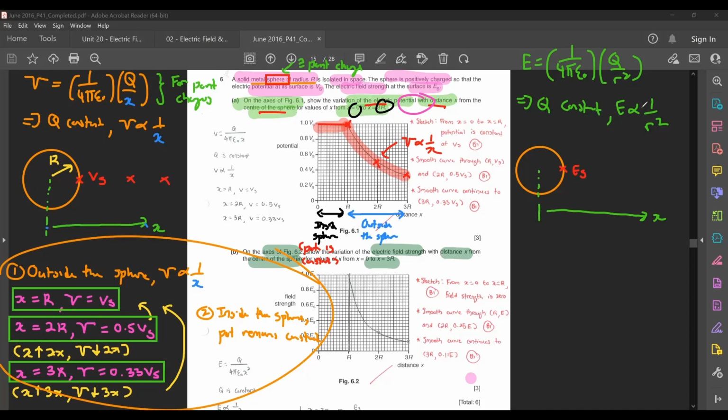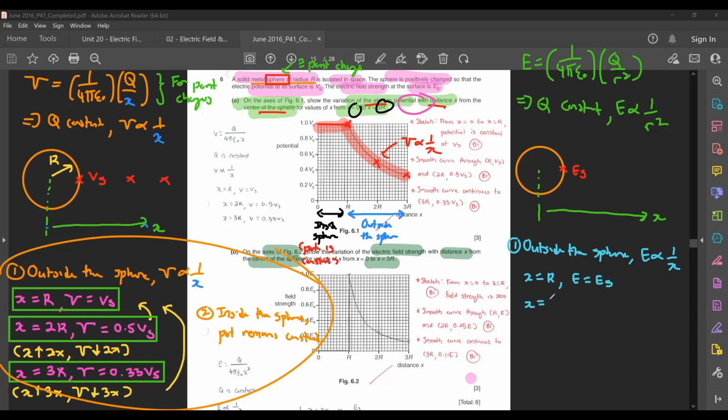Now, for the second part of your question, I need to write something similar. Outside the sphere, your E is inversely proportional to x squared. When x is equal to R, your field strength is ES.